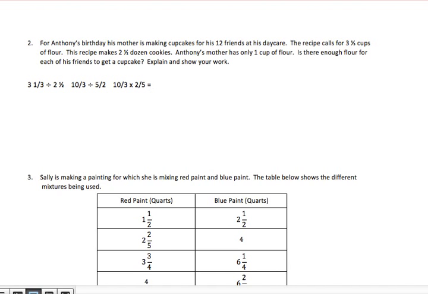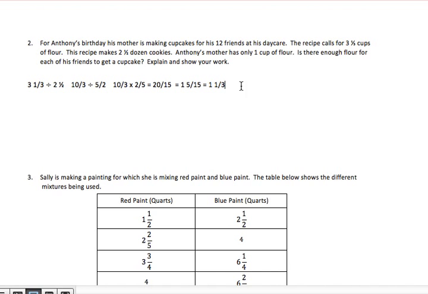Multiplying straight across, we would get 20/15, which simplified would be 1 5/15, or 1 1/3.